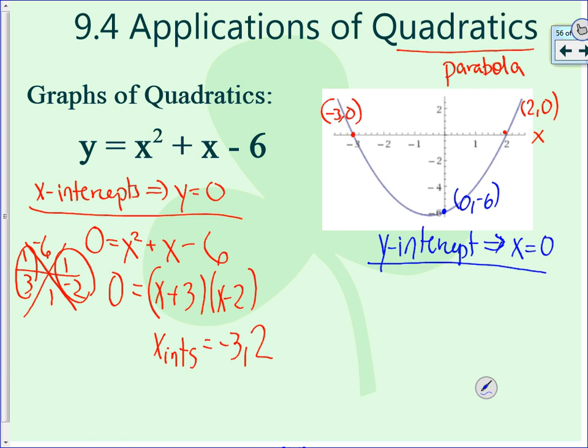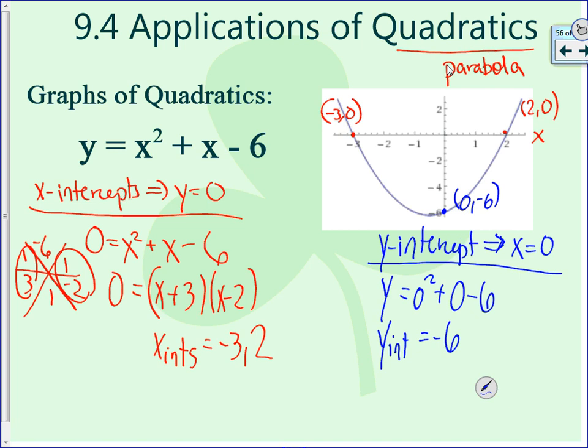So if you are at an intercept, the opposite letter is going to be 0. So if I plug in 0 for x, watch what happens. It's y equals 0 squared plus 0 minus 6. Simplifying that, I get that my y-intercept is negative 6.